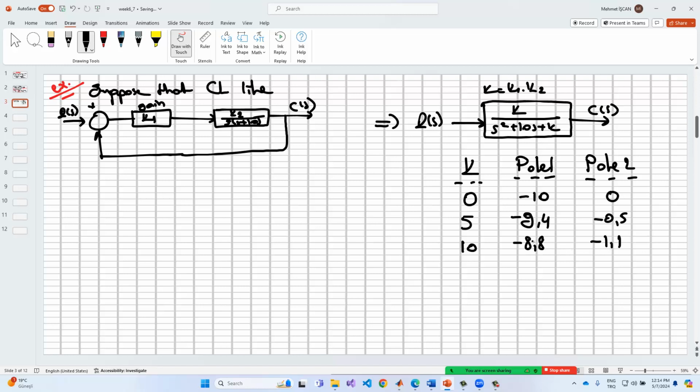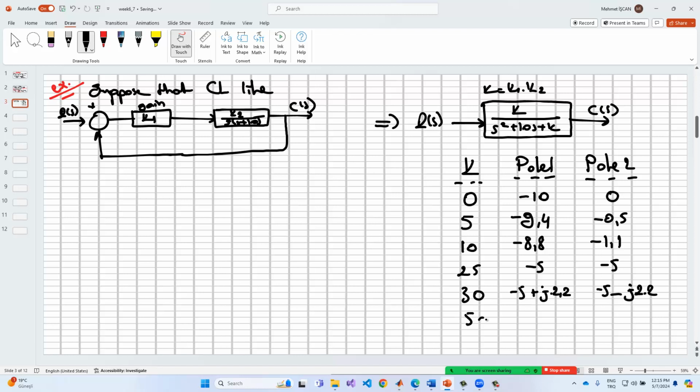This characteristic equation. Okay, and so if we choose 25 in here, and so s squared plus 10s plus 25, and so this yields us to what? Minus 5 and minus 5. And so if we have 30 in here just like this one, and so minus 5 plus j2.2 and minus 5 minus j2.2, right?